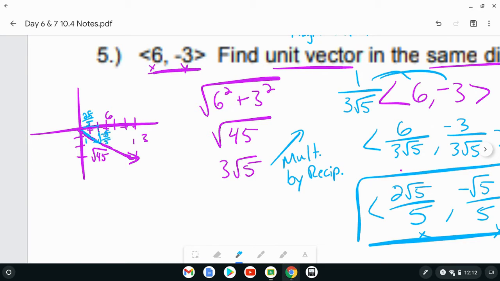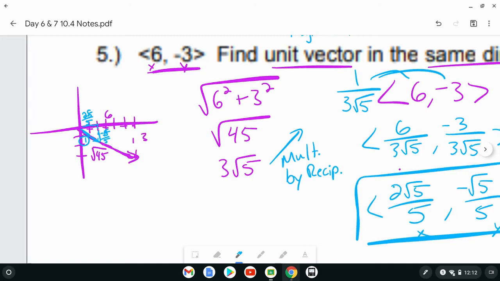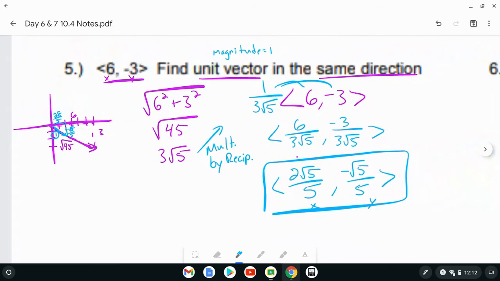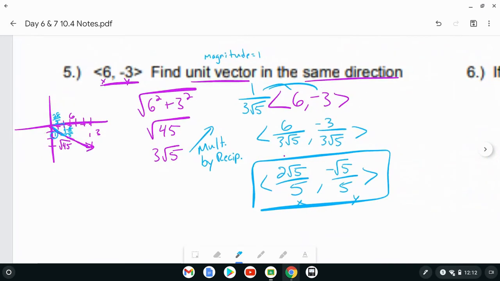And that gives us a magnitude of 1. And again, all we did was take the actual vector that we had, find the magnitude of it, and then multiply that vector by the reciprocal of that magnitude, and it scaled it down, right? So if you're trying to find a unit vector in the same direction, what you do is find the magnitude and then multiply or divide by the magnitude, or you can multiply by the reciprocal.